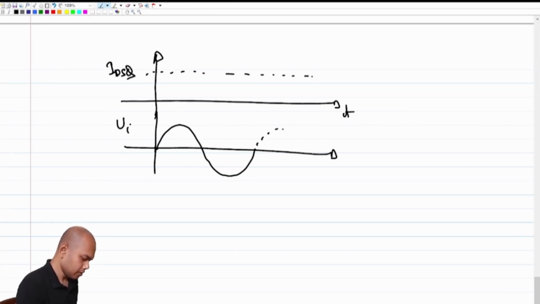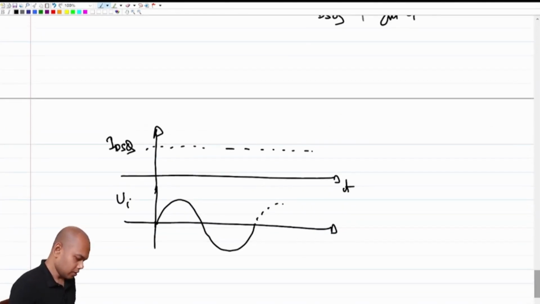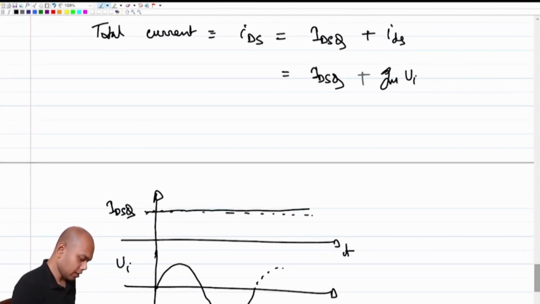Okay. So what is going to happen? So let's say this is IDSQ. If VI is also sinusoidal, what does that sinusoidal voltage lead to?